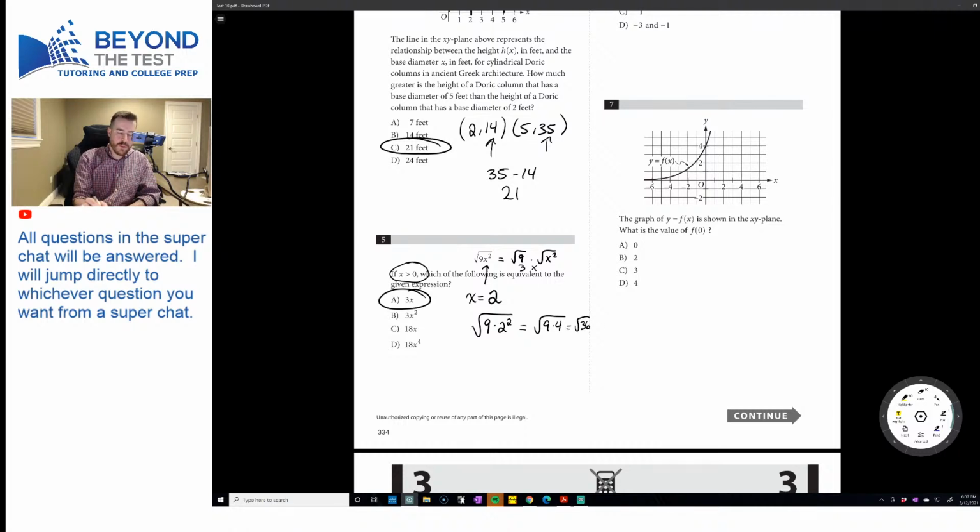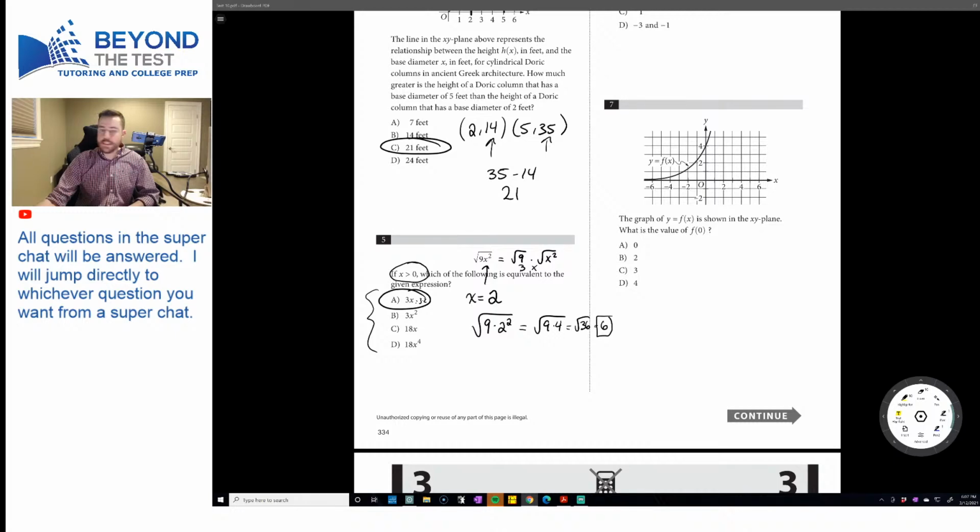Oh, well, I know the square root of 36 is just very simply equal to 6 here. So if that's my answer when x is 2, I can go to my answers here and say, oh, well then 3 times 2 is 6, and we know that A definitely has to be the answer there. So you can always use that strategy to help you out as well.